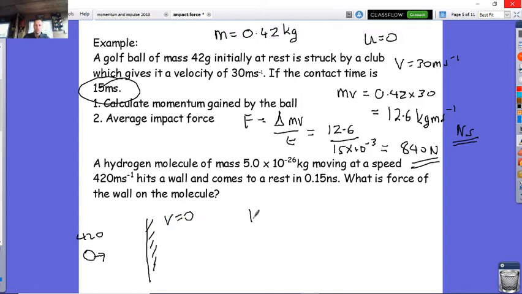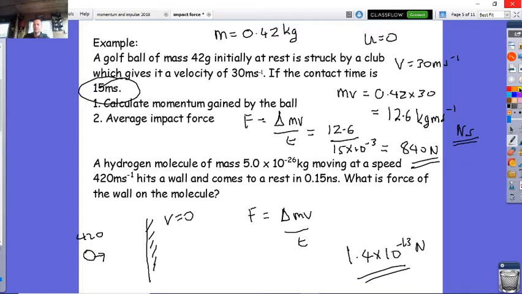And again, you calculate the force by using delta mv over t. I'll leave you to do that. I previously did this, and I think I got a force of 1.4 times 10 to the minus 13 newtons, but you can do that yourself.